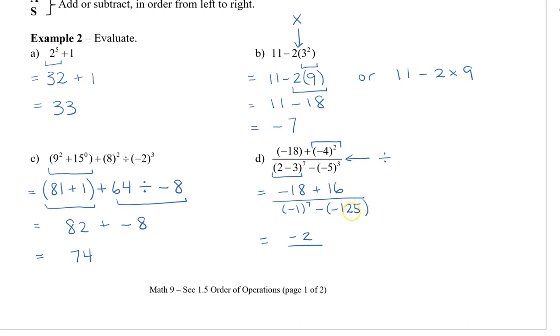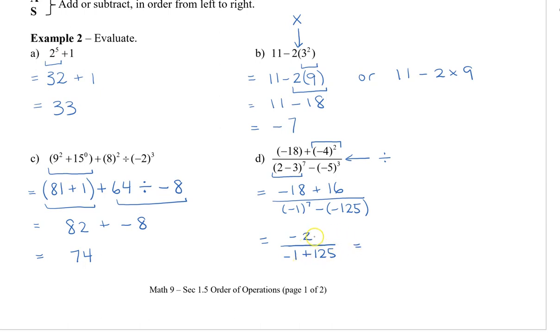So the reason we're able to do that at the same time is because we're going to get this expression of negative 1 to the 7, and then we're going to take away this number anyways. So negative 1 to the power of 7, let's get rid of that exponent, so it's going to be negative 1. And now we have a minus negative, so we're going to say this is going to be plus 125. Okay, so we're going to keep going.